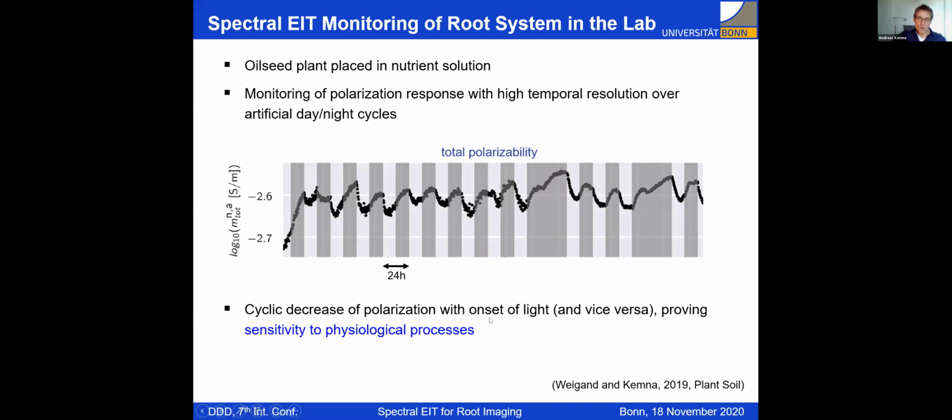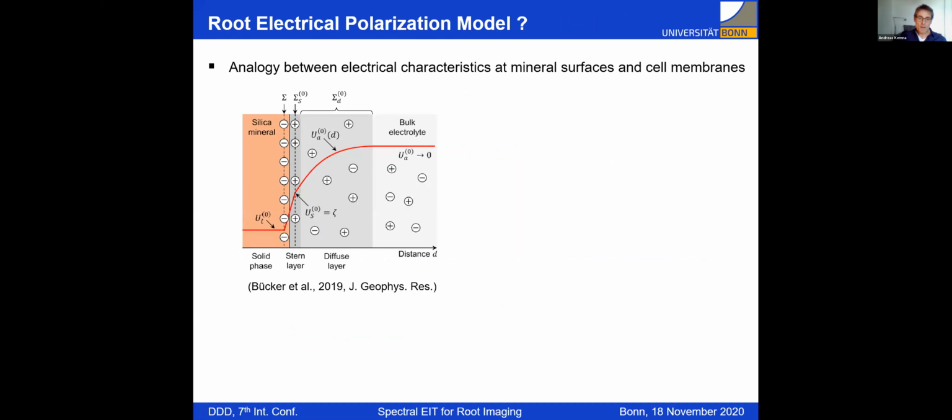And of course, we also looked into, or some people started looking into, the mechanisms of these processes. And there have been lots of studies and literature on electrical polarization in porous systems, like in rock physics or soil physics, where some sort of polarization is related to electrical double layers at mineral pore water interfaces.